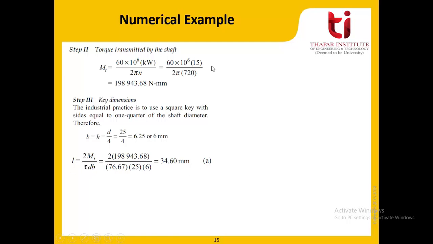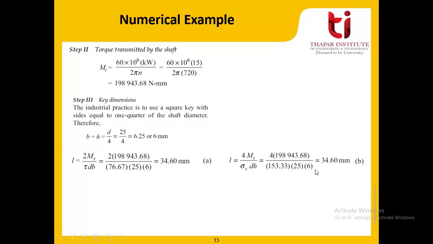Same way you can determine the length on the basis of compressive strength. Fortunately in this case, the permissible shear stress and permissible compressive stress have a ratio of 1:2. So fortunately, or just by calculations, this length comes out to be identical.